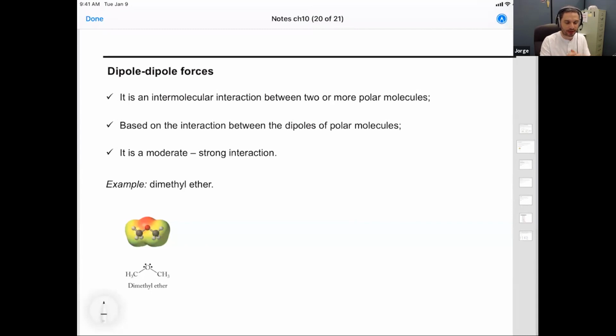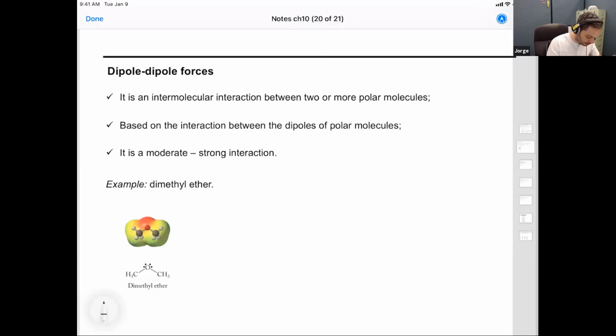Let's see as an example the molecule dimethyl ether. Dimethyl ether has an oxygen at the center of the structure, and this oxygen is bonded to two methyl groups. Okay, so a methyl group on the left and a methyl group on the right side.